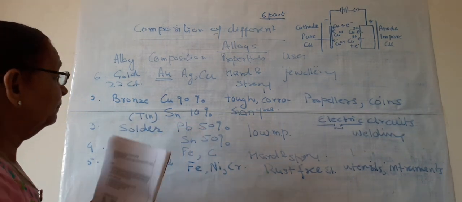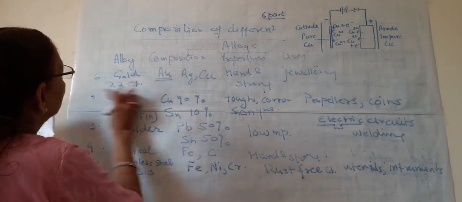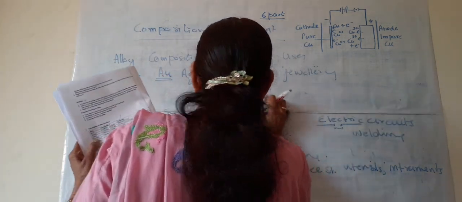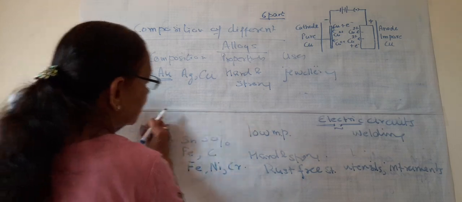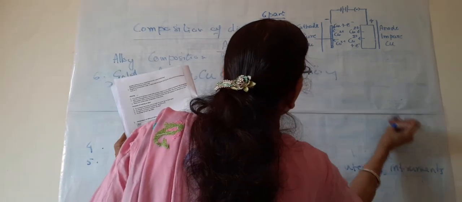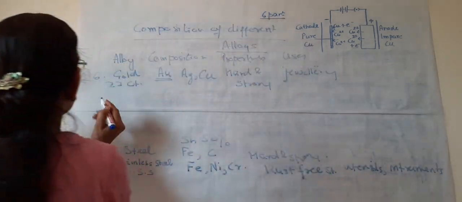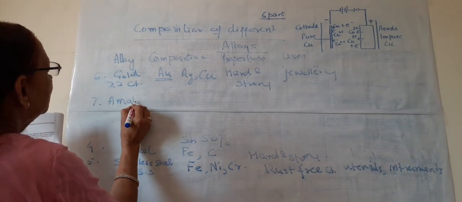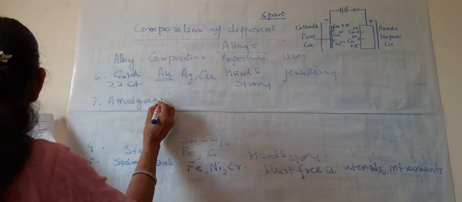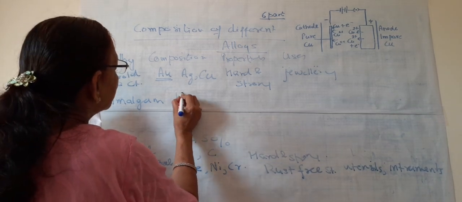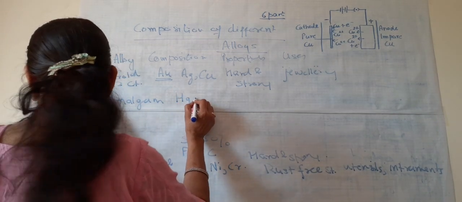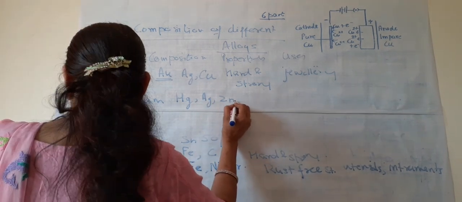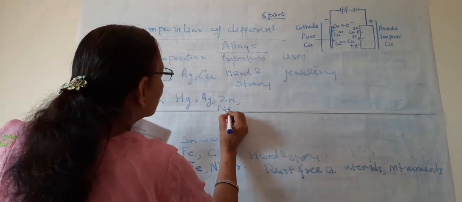And one more you write. It is written in NCERT, I think. When mercury is present in alloys, these alloys are known as amalgam. What is amalgam? Amalgam is formed when mercury is present. This is the symbol of mercury, and silver, zinc and even sodium.